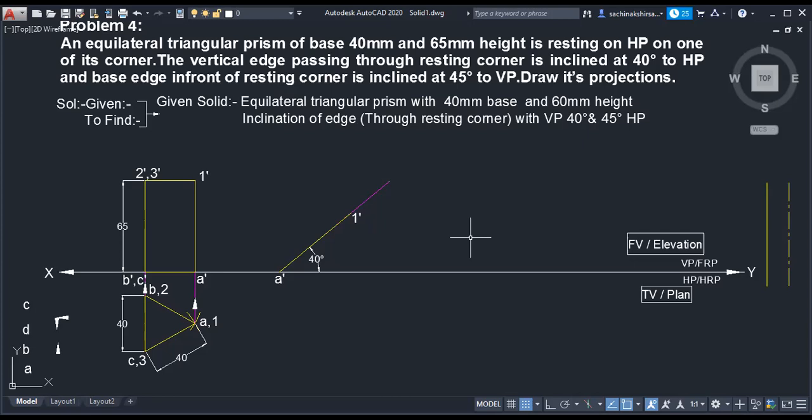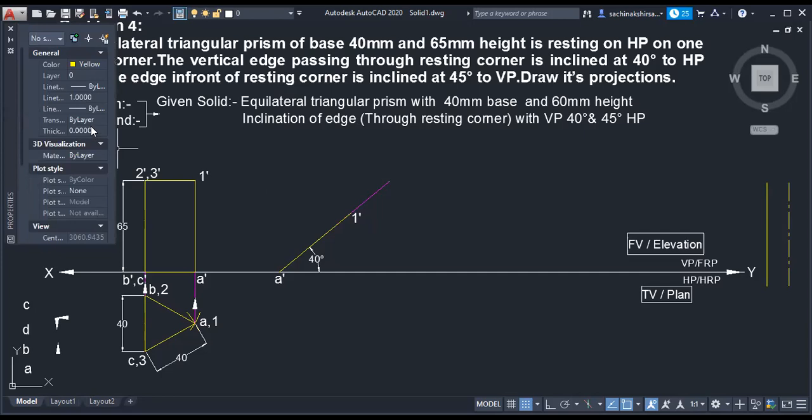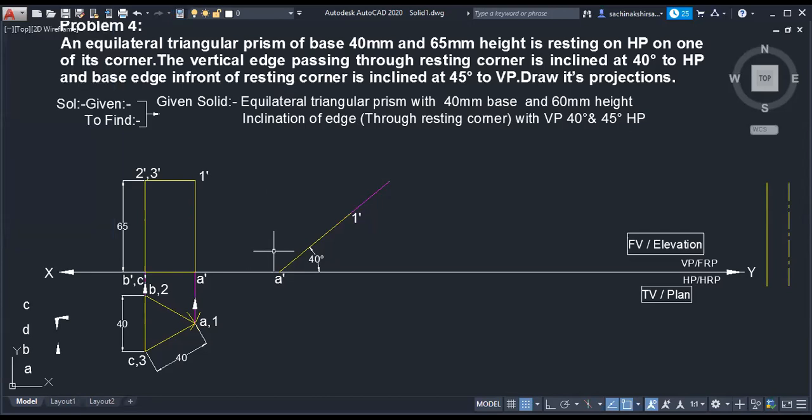Perpendicular to which line? The faint line through A dash and 1 dash. Whatever line we have drawn, we have to draw a perpendicular to it.